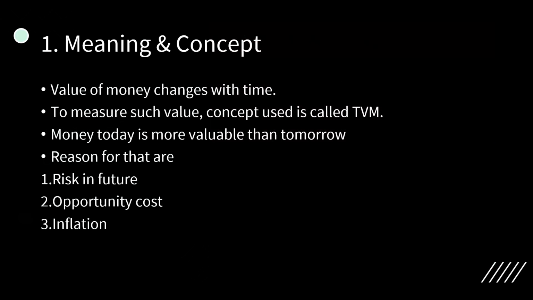Many a times we have heard that money today is more valuable than tomorrow. Now we just think that, for example, rupees 1000 will remain rupees 1000 only, whether we see it tomorrow or after 6 months or after 1 year. But in actuality, the value of 1000 rupees decreases as time goes.